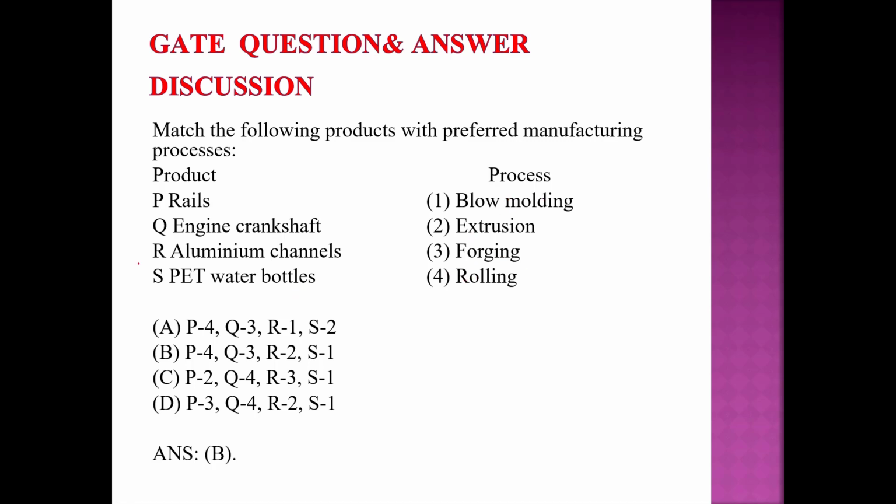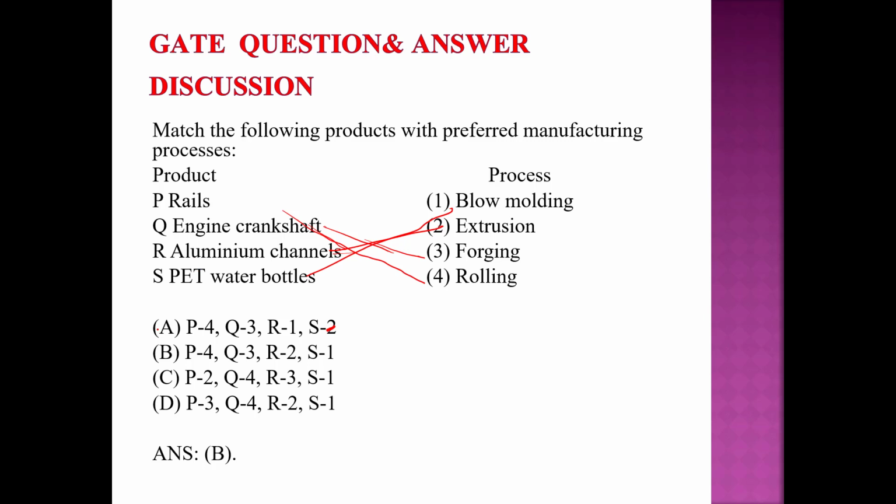So here, P is rails. Rail is made by means of the rolling process. Then engine crankshaft is forging. Aluminum channels are the extrusion process. Then PET water bottles are by means of blow molding.